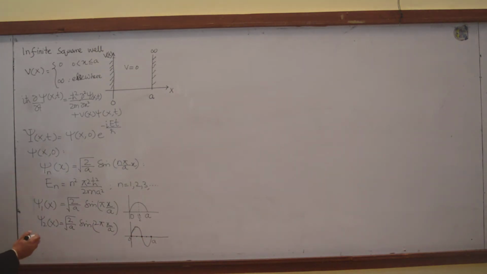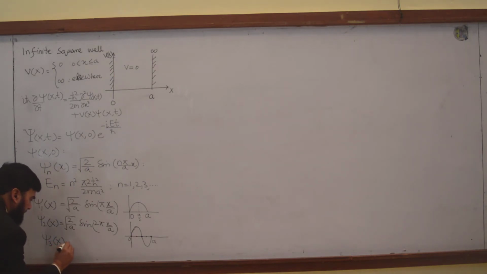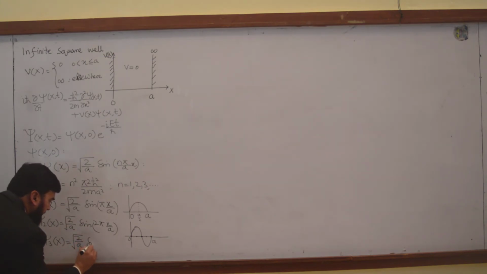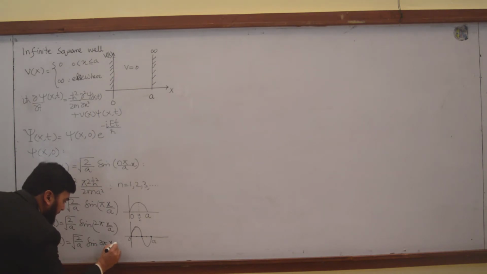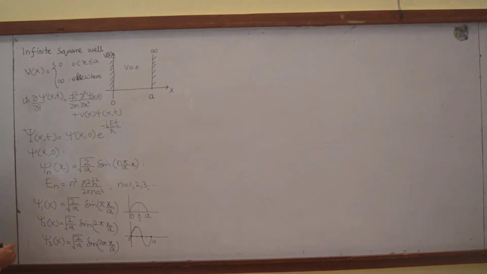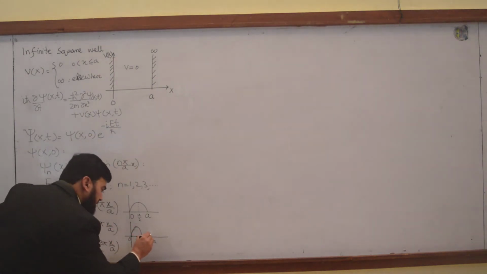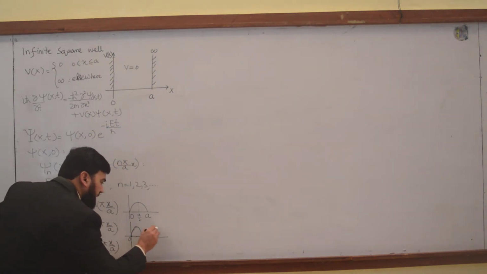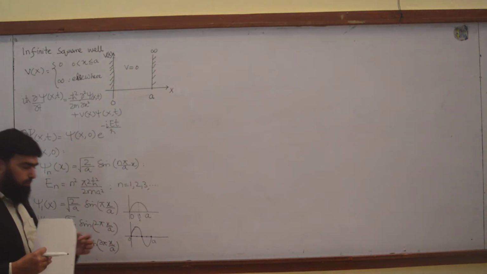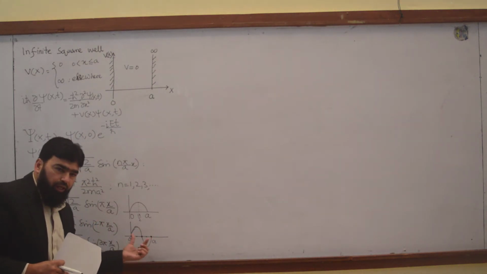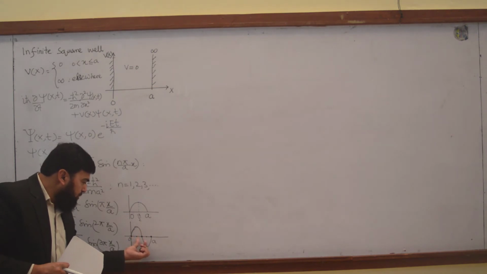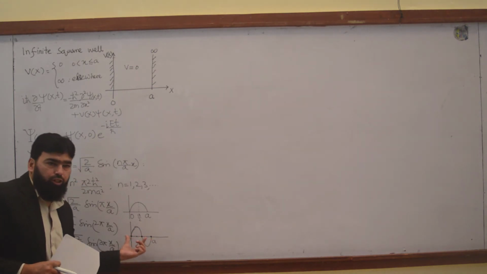Similarly, we calculated psi 3 of x, which is 2 over a and sine of 3 pi x over a. And we came to know that from 0 to a, instead of 2 cycles, we will now have 3 cycles in this range.